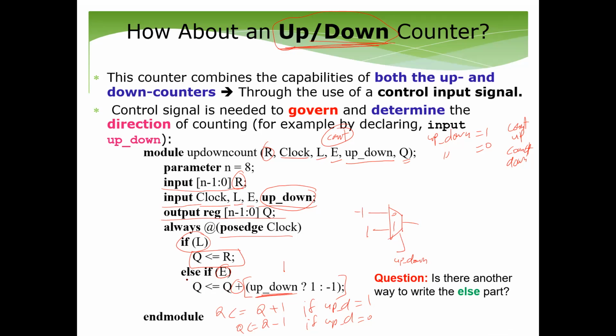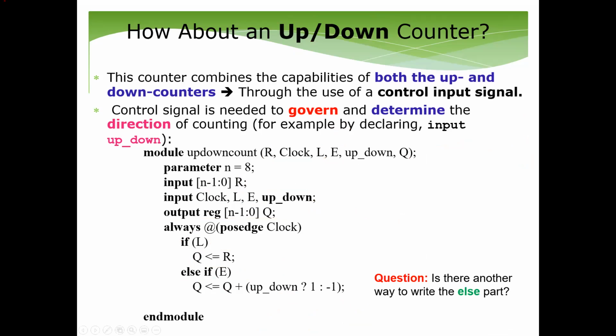But how would you write this part of the code if you were given this question? How can we replace this to write something else? So let's write it here, else if E. Okay, what do you think?